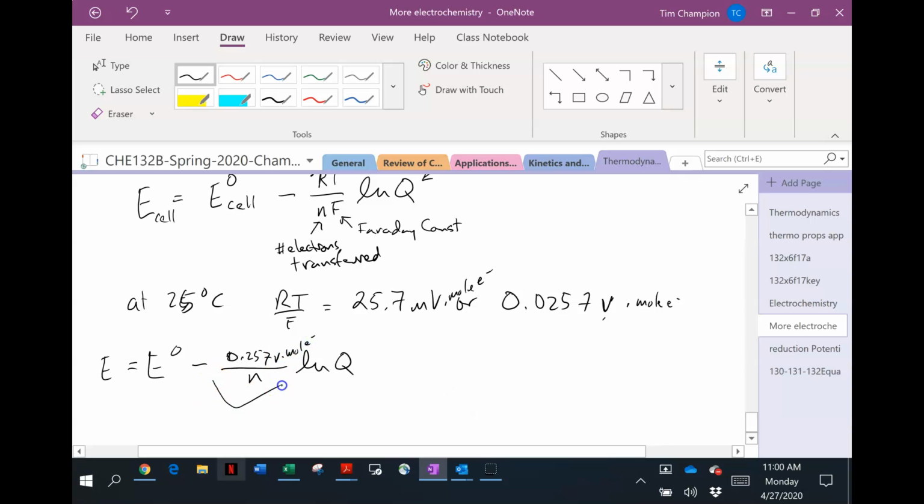The idea is that this part gives you units of volts. This part, of course, is unitless. And then, of course, this is in volts as well.